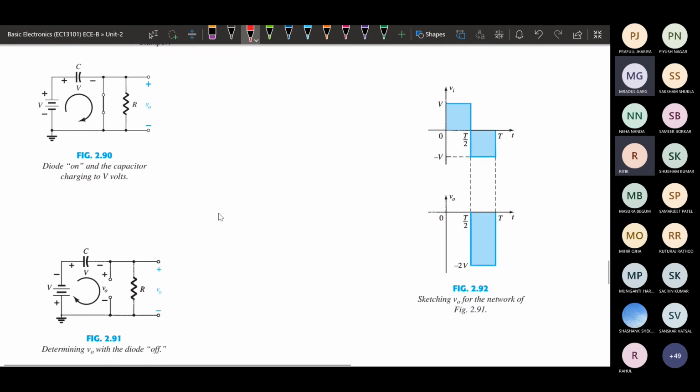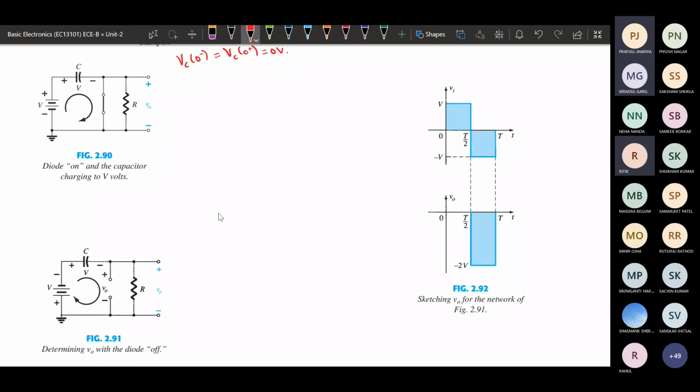So here the basic concept initially is that the capacitor is considered to have zero voltage. So at the initial moment we are going to analyze the circuit, the voltage across this capacitor is considered to be 0 volts.